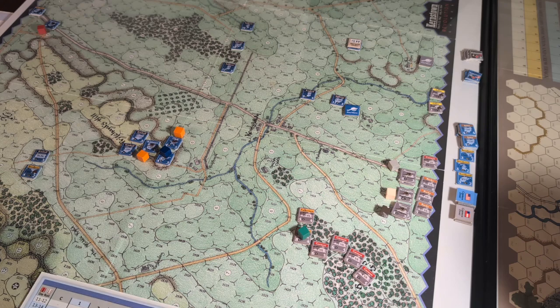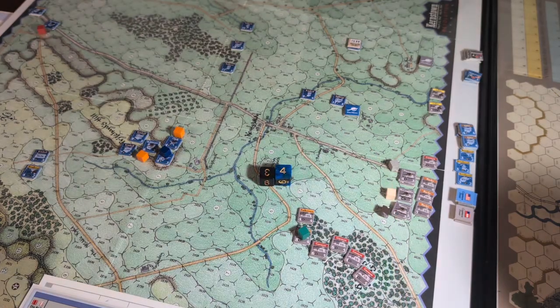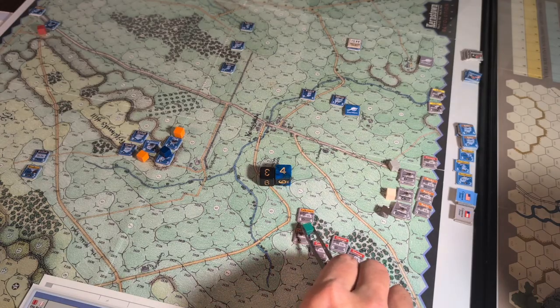Plus, the target is in light woods, that shifts it down 1, so they have a strength of only a 1. So a 43. Okay, they'd have to have a 0 to 1 cohesion. They've got a 4.